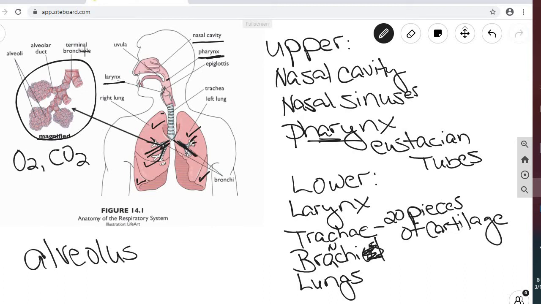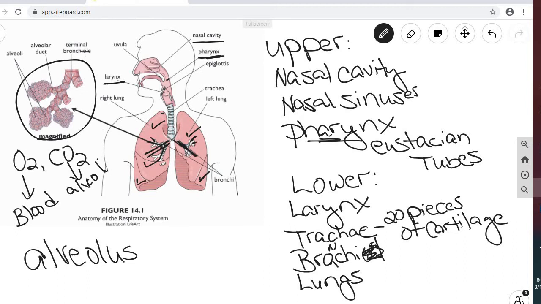So oxygen goes into the blood at the alveoli, and carbon dioxide goes from the blood into the alveoli, so that it can then be exhaled.